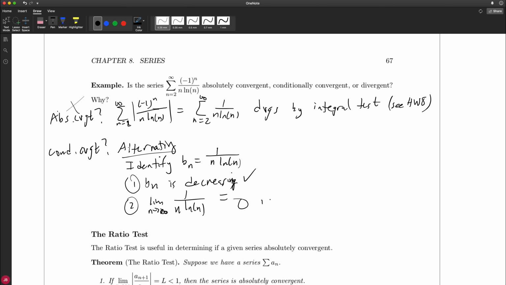So what we see is that this series, n equals 2 to infinity of minus 1 to the n over n ln of n, converges by AST, alternating series test, but it's not absolutely convergent, and so we therefore conclude conditional convergence.